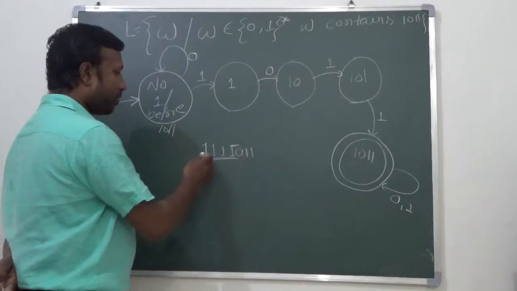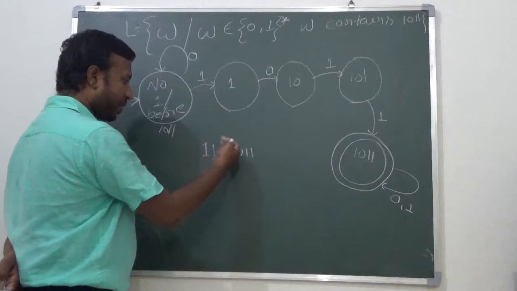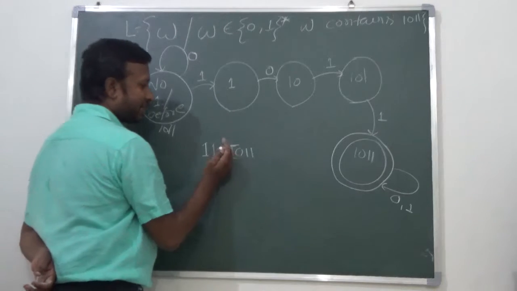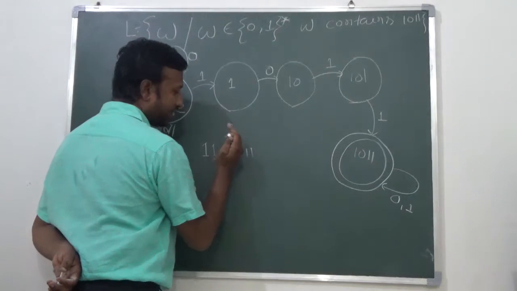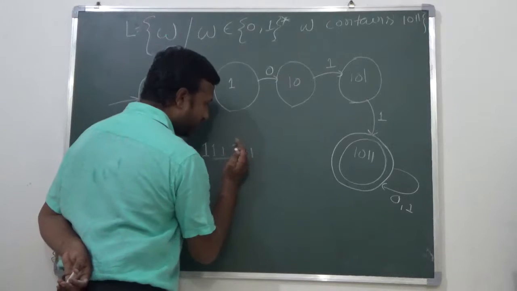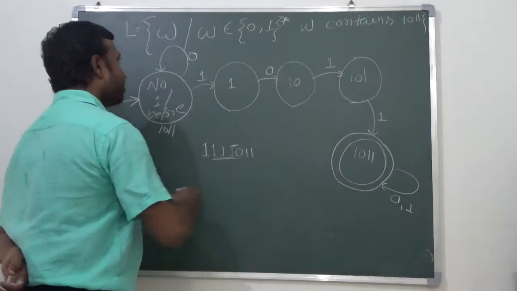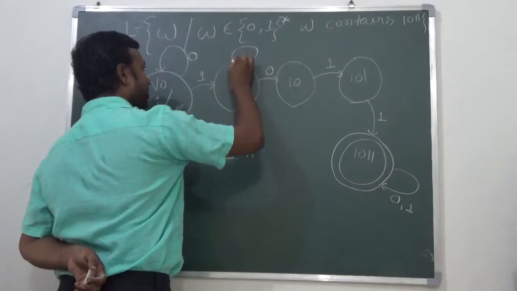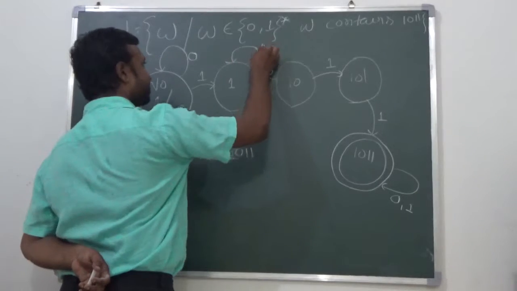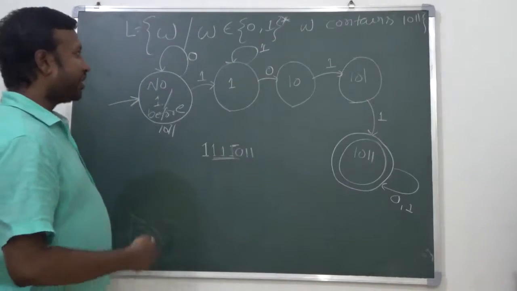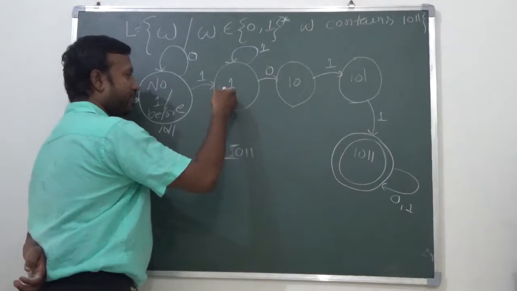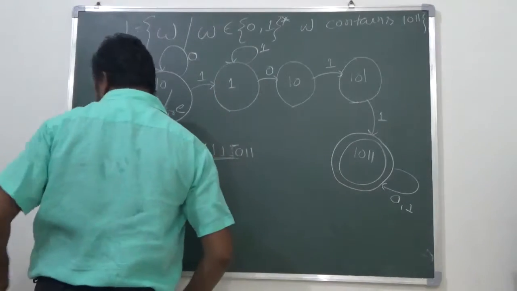So even though the machine has seen multiple 1s, there is still a chance that from the last one it can build 1011. So the machine will return to the same state, because the machine has already seen a 1, meaning the machine is not losing the 1.